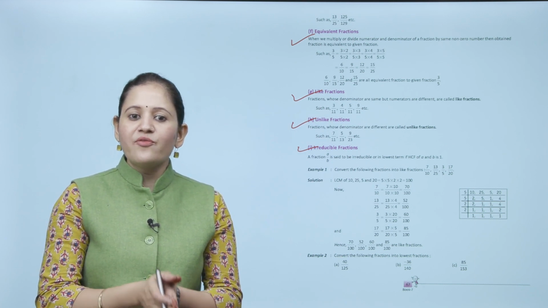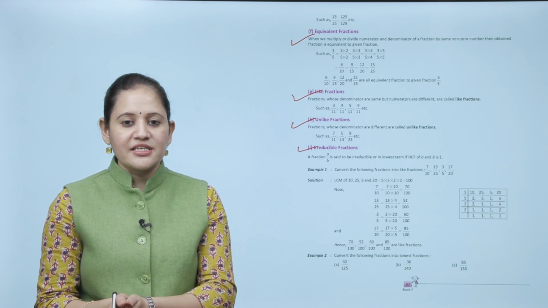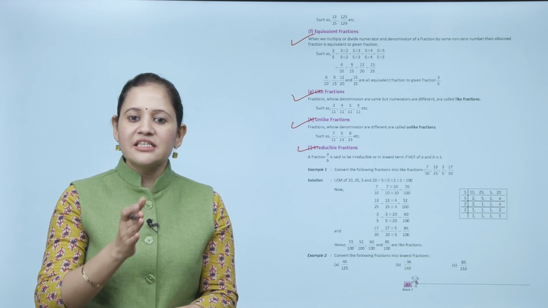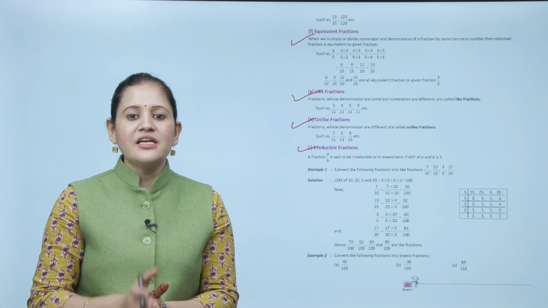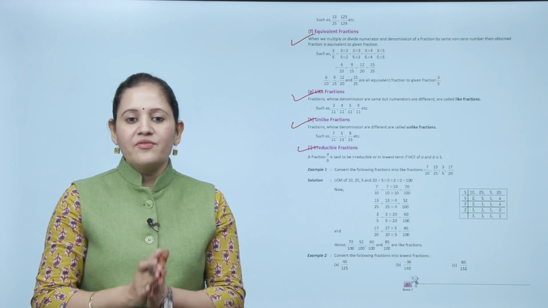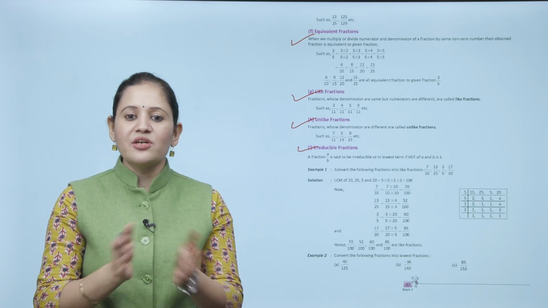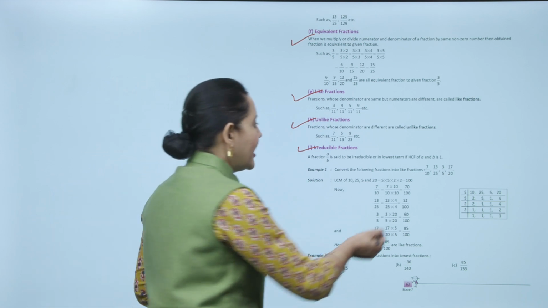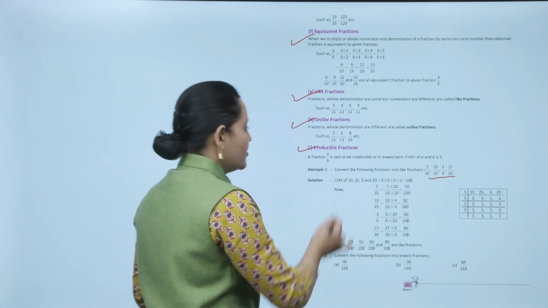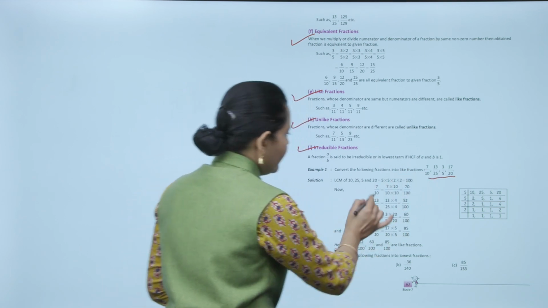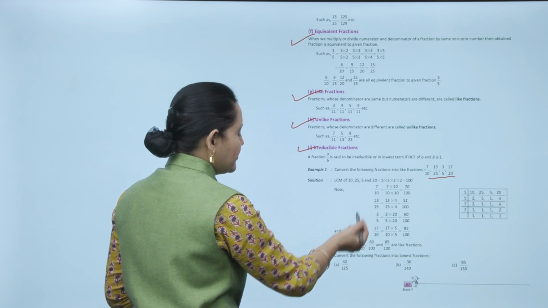Let's take an example. Convert the following fractions into like fractions: 7/10, 13/25, 3/5, 17/20. We have to convert all these into like fractions, so they should have the same denominator. For that we'll take the LCM of denominators. So LCM is 100. Now we will make the denominators the same.